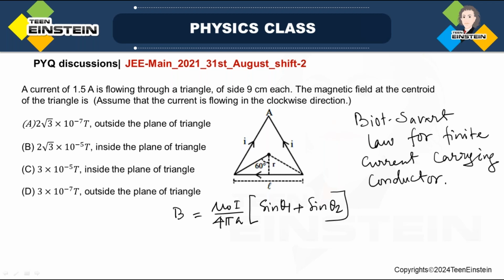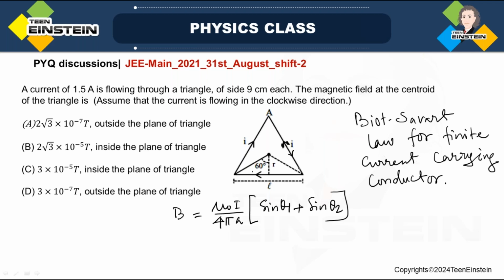I think somehow this direction is wrong. Let me just clean this. This direction is wrong. Actually, this is the same conductor in the form of a triangle, so better to correct it here. Okay, this will be in this direction.